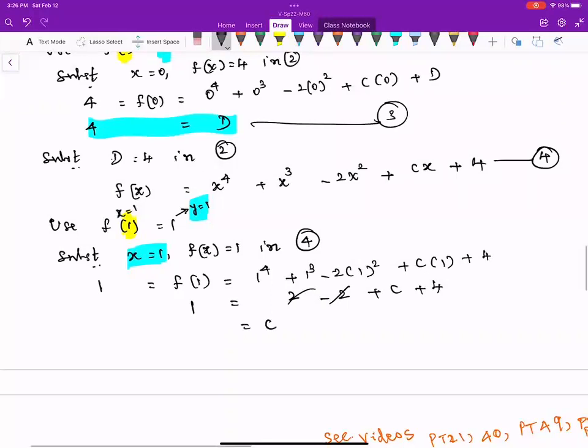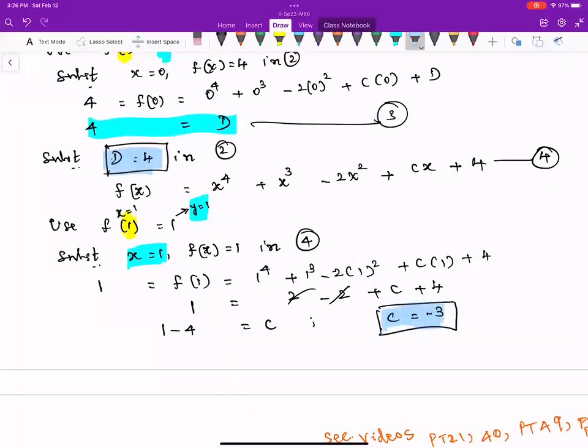So if you isolate c, it becomes 1 minus 4, which is equal to negative 3, or c equal to negative 3. So we got the value of c, we got the value of d as well. So now we have to write down the function f involving the constants c and d with the values replaced by negative 3 and 4.